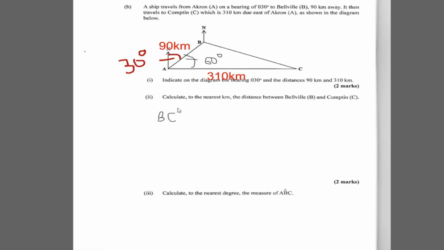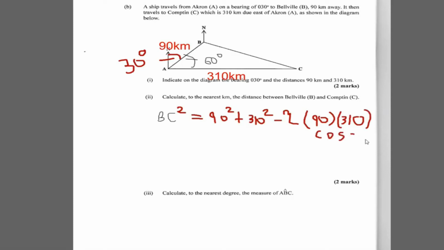So BC squared is going to be equal to a squared, which is 90 squared, plus 310 squared, minus 2 times 90 times 310 times the cosine of 60 degrees. And so that's BC squared.